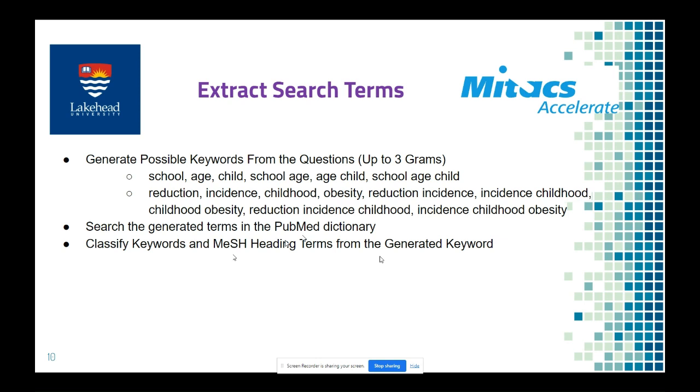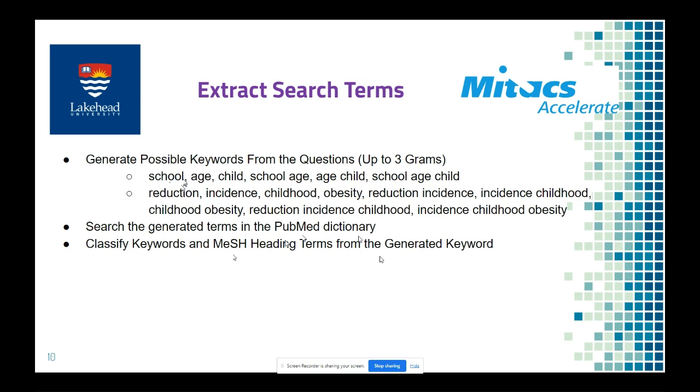Here we use an NLP library to generate different keywords. For example, if the patient is school age children or child, then we use NLP to make sure that the word is in its base form, and then we generate keywords with the help of the ngram concept, a language modeling concept. So in that case, the possible keywords are school, age, child, school age, or school age child.